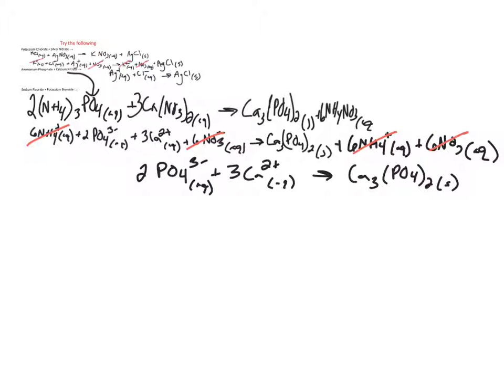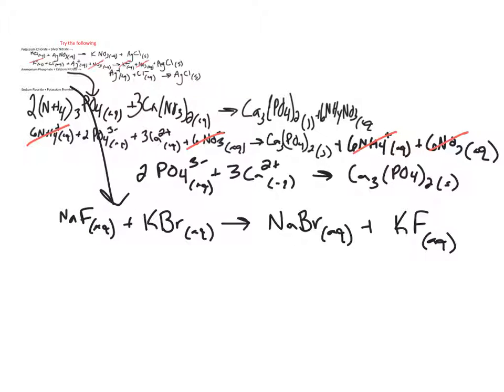All right, and there's the second one. I have my normal complete balanced equation at the top here, and I took my solubility rules into account. I broke down all the aqueous stuff. This was a solid. And then I canceled off my spectators. So all I was left with was that right there. So try the last one, and I'll show you how to do that one.